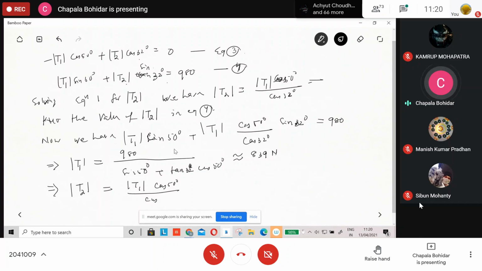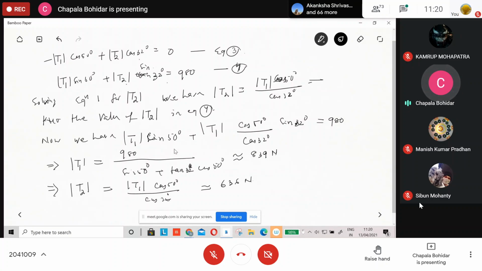Put the value of T1, 839 Newton, and by solving we get 636.